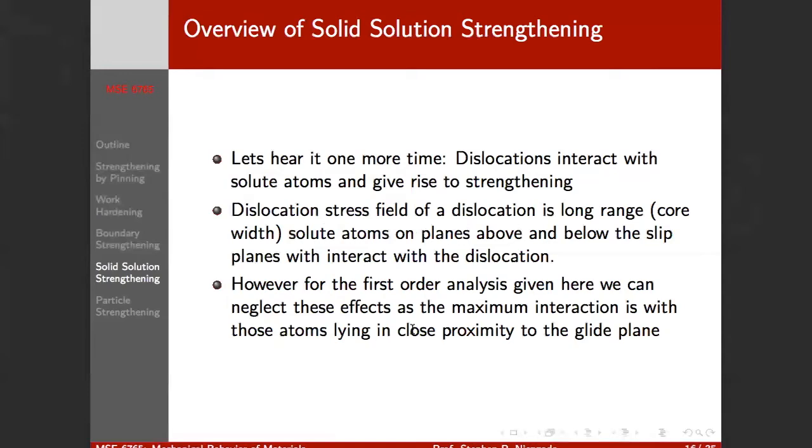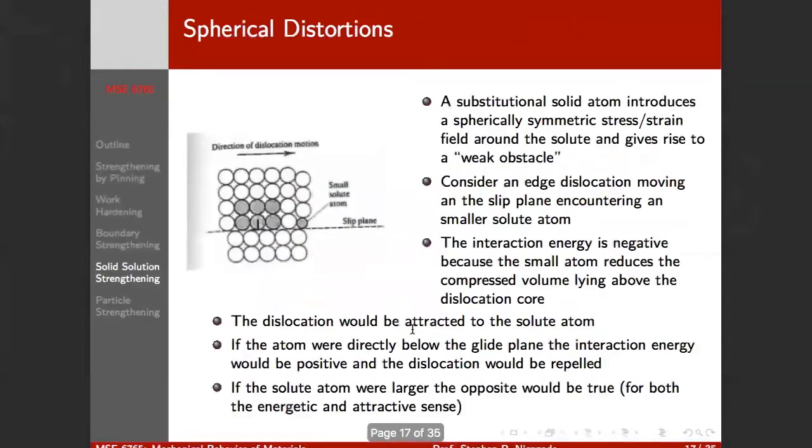So if we have a dislocation here, right? Here's our slip plane, we have an edge dislocation here, and we're moving towards this, in this case, a small solute atom, right?